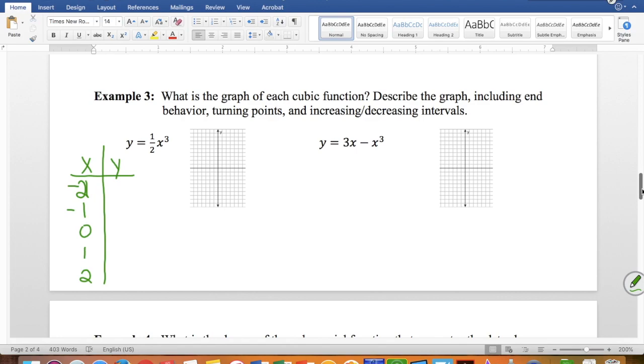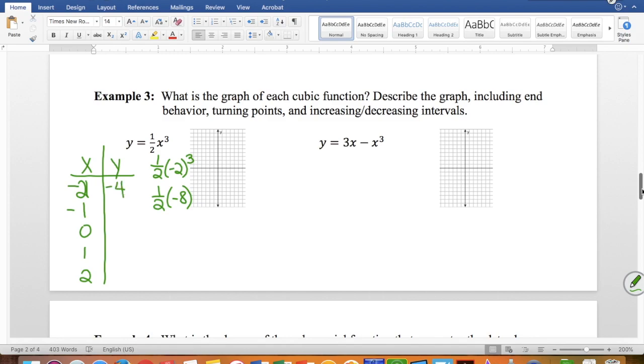So we're going to say -2 cubed. We're going to put this -2 in right here. -2 cubed is -8. I want you to see what I'm doing. I'm substituting in. And then 1/2 of -8 is -4.